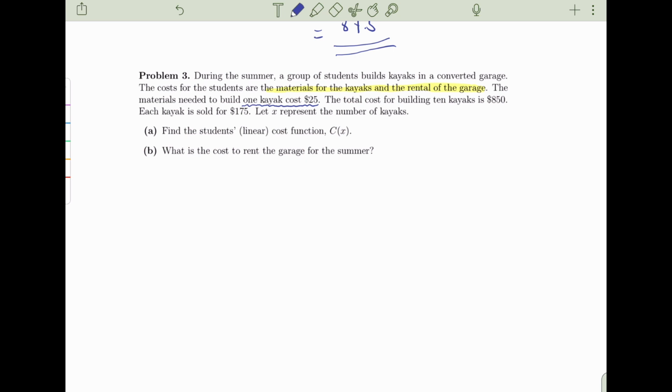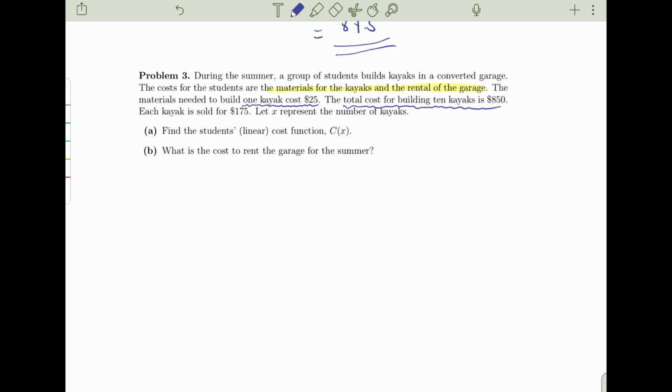So we're gonna use this information to find out the equation of the line, right? Before doing that, let's set it up here.